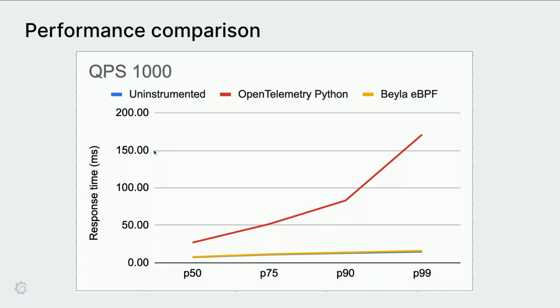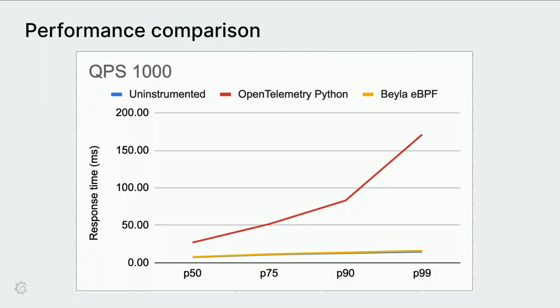We reach one point, this is the limit we found in our testing environment. After 1,000 requests per second, we couldn't test with more requests per second, because that was the limit. With the Python instrumenter, we never reached more requests per second than that.